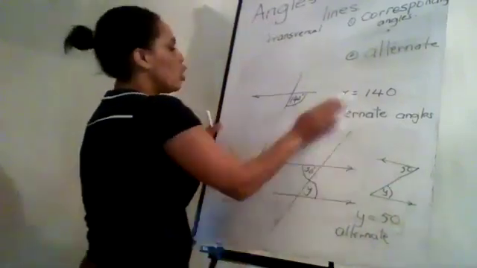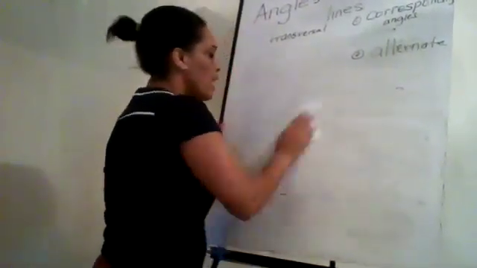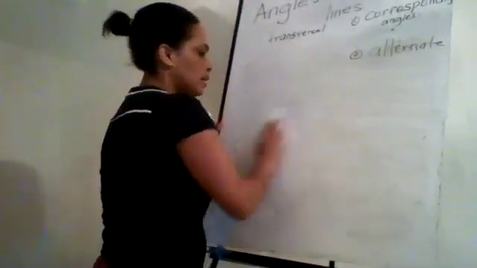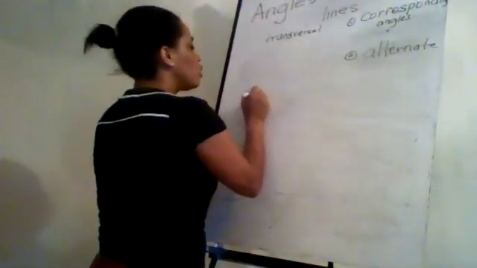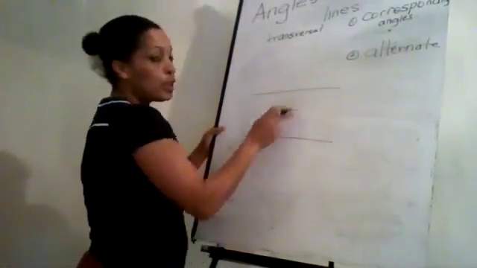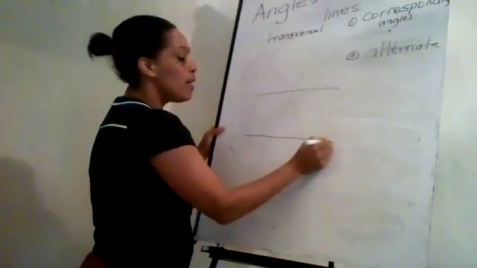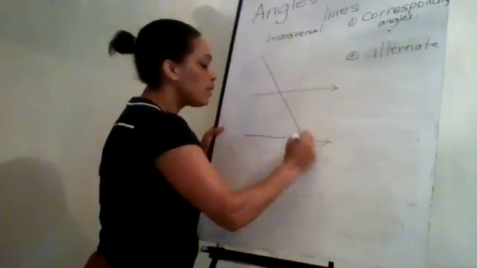Now, let's get on to the next type of angle that is formed when we have parallel lines. So let's draw our parallel lines. Again, I want you to assume that these are straight and they're the same distance apart. I'm going to draw my transversal in.